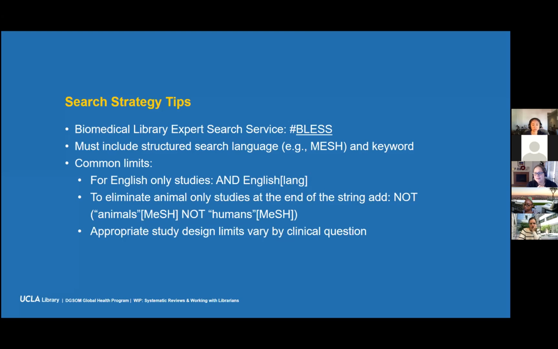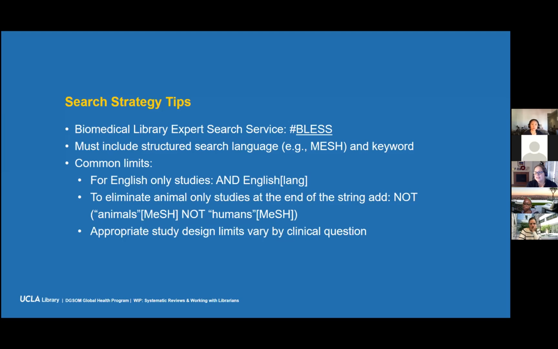We're at 30 million items in PubMed. So there's a priority list of what gets indexed first and when. And so we just want to make sure that we're not missing anything. So we do a combination of those two things. Some common limits, some of which Ami highlighted, and I'll discuss again here.